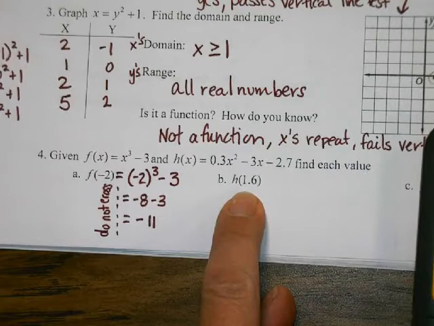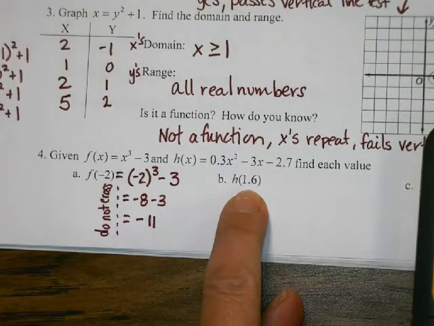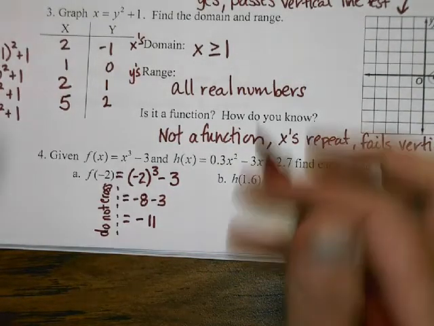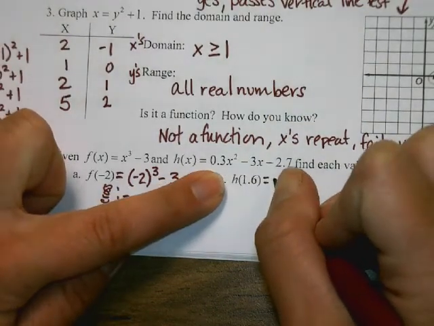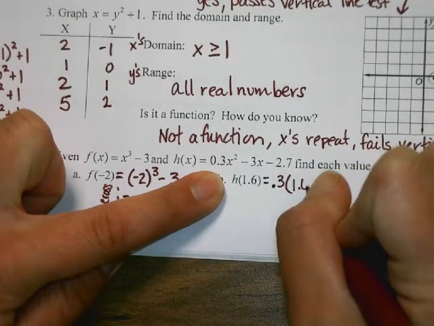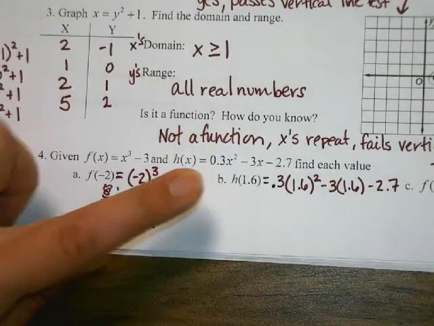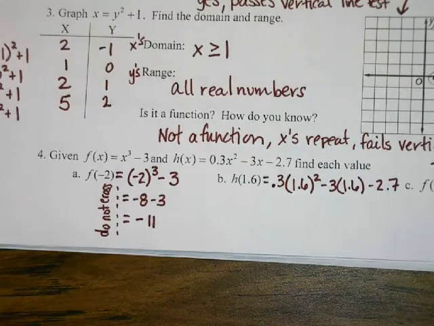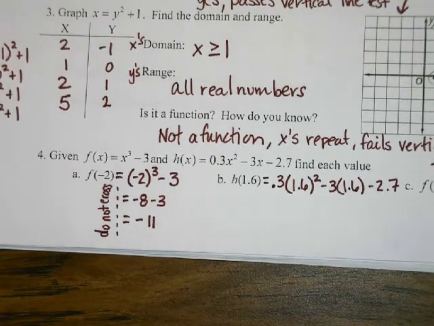So part B says, what is my h function doing at 1.6? Well, I'm going to replace everywhere I see an x with 1.6. The cool thing about your calculator is it knows order of operations. So, as long as you use enough parentheses, I don't mind if you just plug this into your calculator. If you don't use enough parentheses and you don't type it in correctly and you just vomit a number on your paper, that's wrong.